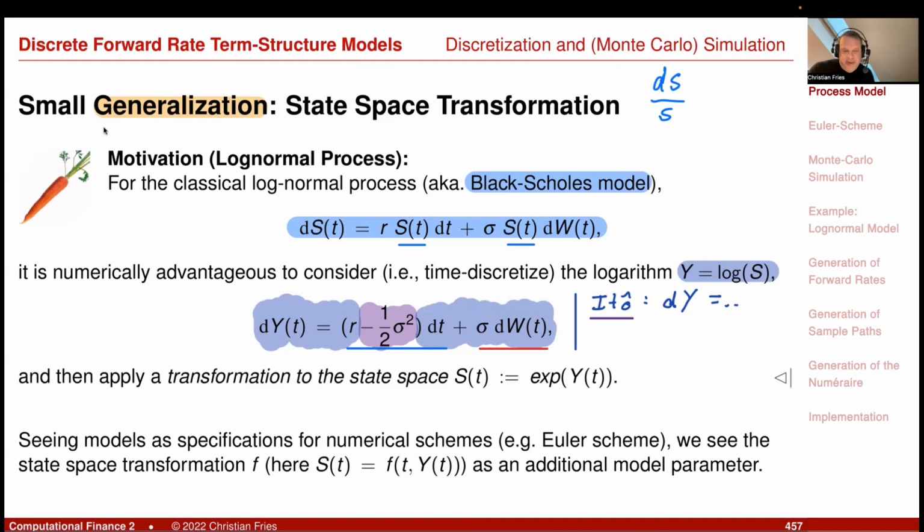So once you have done the Euler approximation for the y, our Euler approximation for y is now that y at the new time is y at the previous time plus r minus 1/2 sigma squared delta t plus sigma delta w.